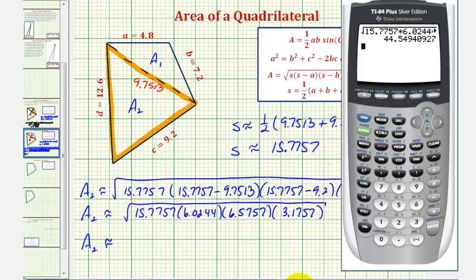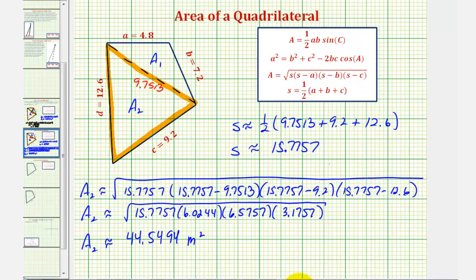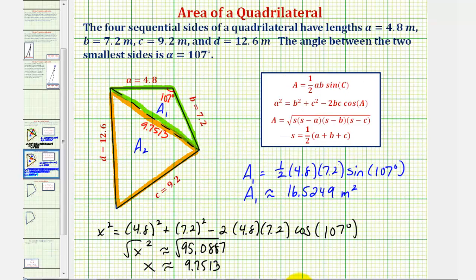So the area of this orange triangle is approximately 44.5494 square meters.